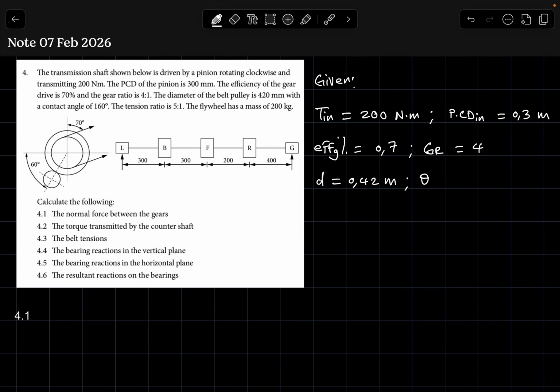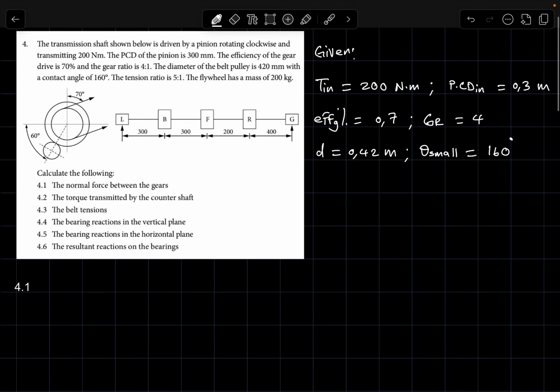And our angle of contact, as we've established, is 160 degrees. Tension ratio is 5:1, which means essentially T1 over T2 is equal to 5.